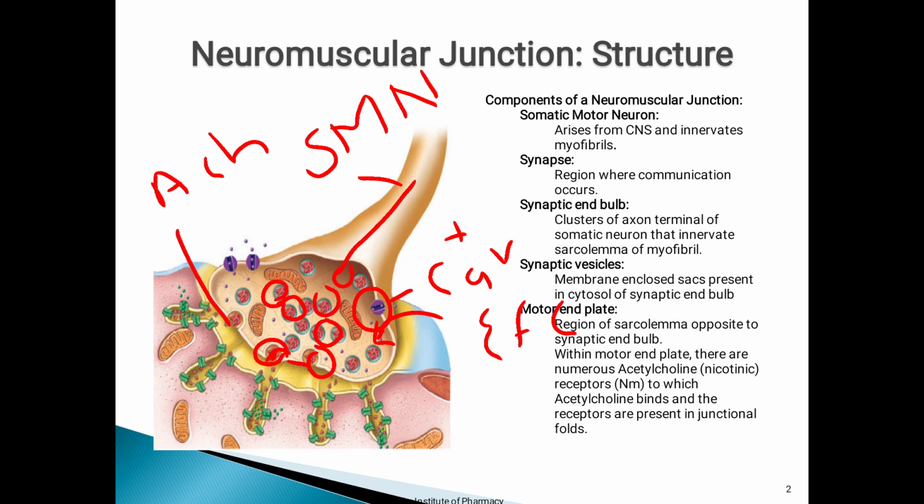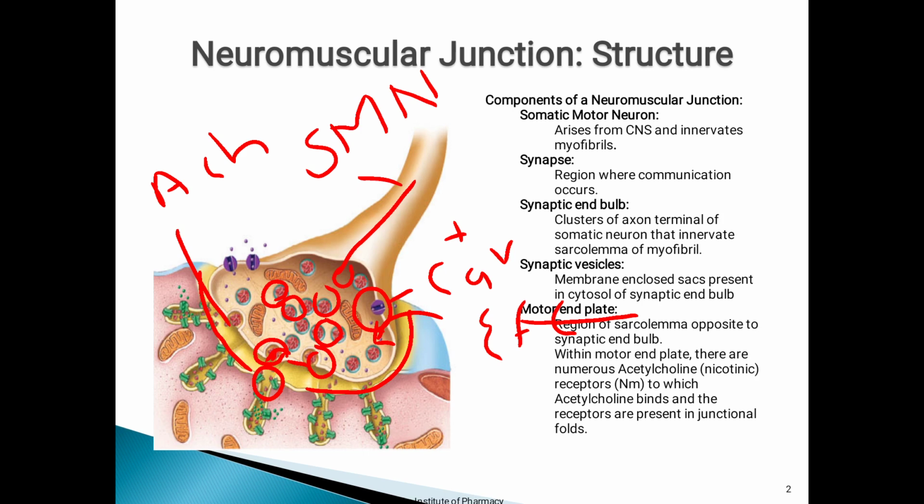So the neurotransmitter acetylcholine will bind to its receptors which are present on the sarcolemma, that is the membrane of the muscle fiber, called the motor end plate.